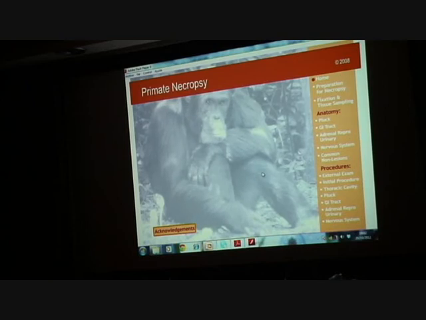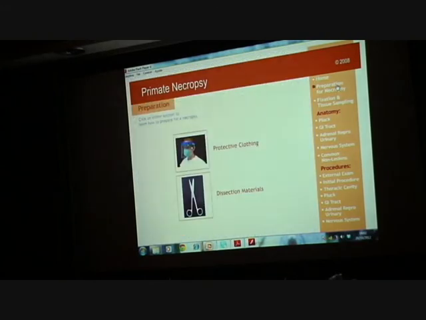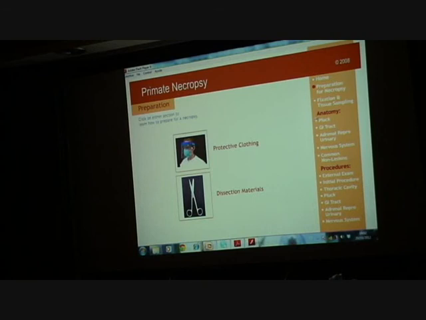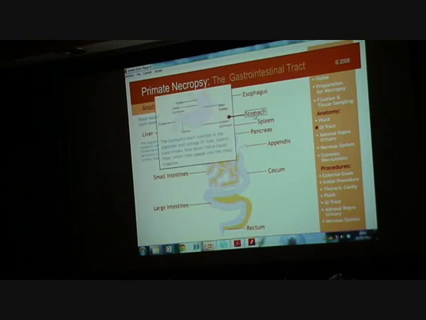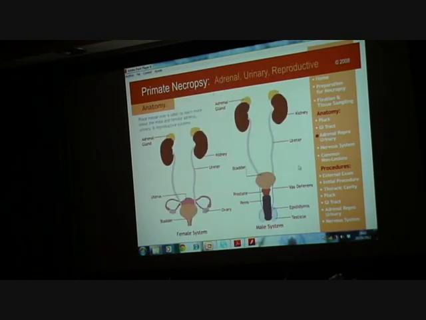So here's a primate necropsy. If you're a new vet at a chimpanzee centre, and unfortunately one of them dies, and you've never done a chimpanzee necropsy before, you at least have access to something that will help you and guide you through how to do the necropsy and what to look for.